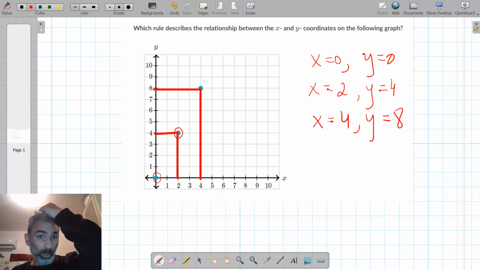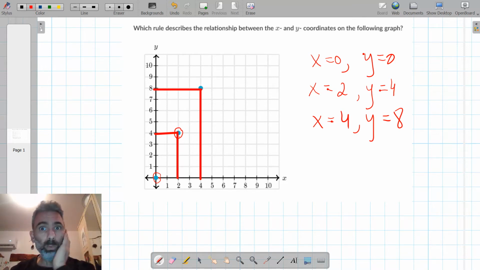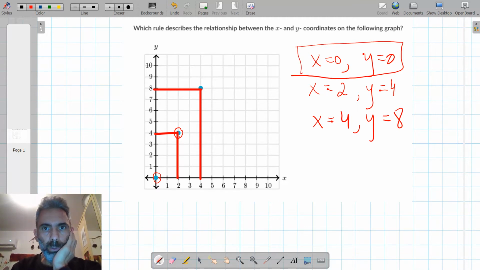So which rule describes the relationship between the x and y coordinates? Based on this point we cannot deduce the rule, but based on these 2 points we see that y is 2 times as many as the x.